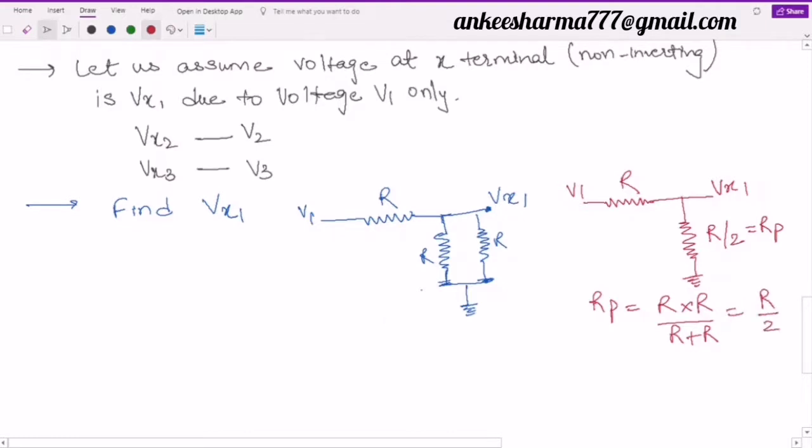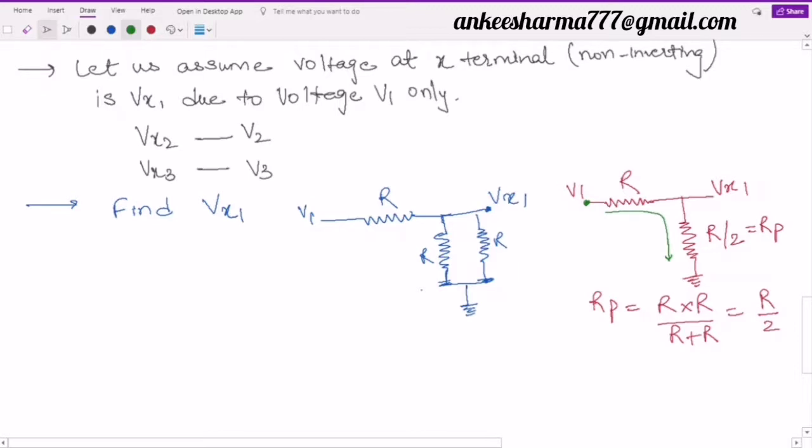Now look here in this diagram. This resistance is R by 2, this resistance is R, and we have assumed this voltage V1, which is the source, and this voltage is Vx1. Can I say Vx1 is the voltage across the resistor R by 2, because here it is connected to ground? So V1 is the voltage across these two, but Vx1 is only across R by 2.